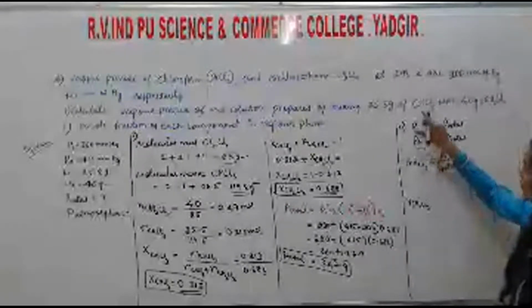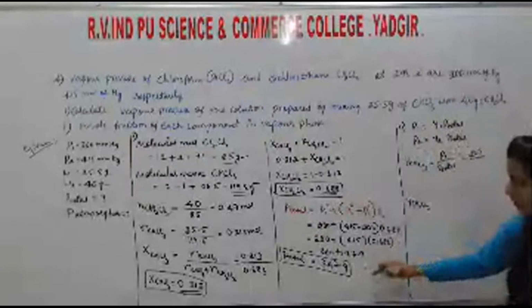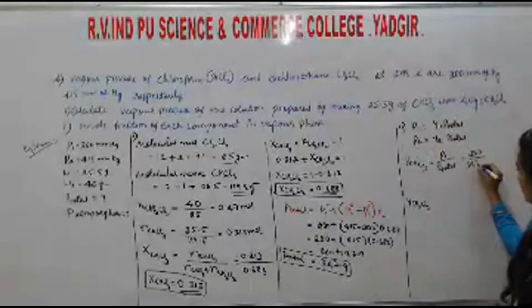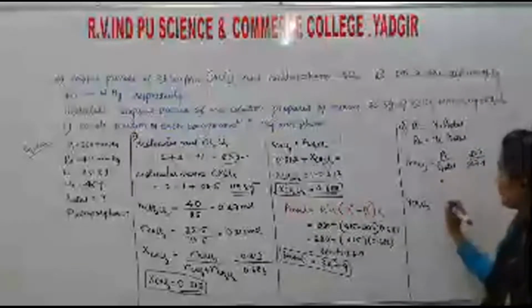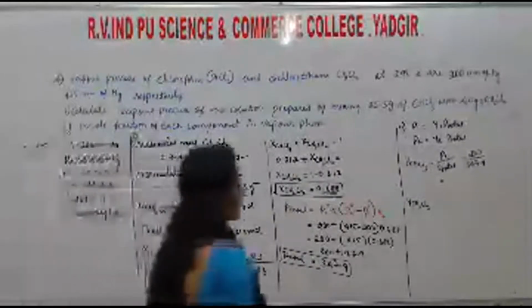P1 is 200, divided by P total, which is 347.9. So you will get the mole fraction of this in the vapor phase.